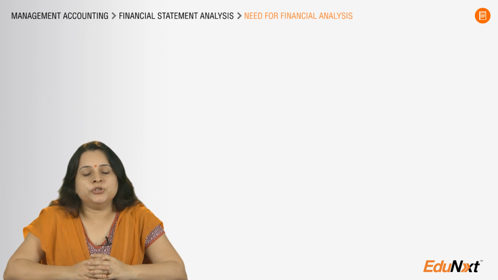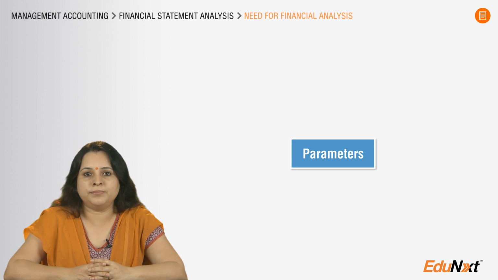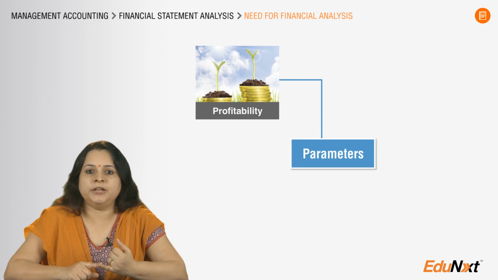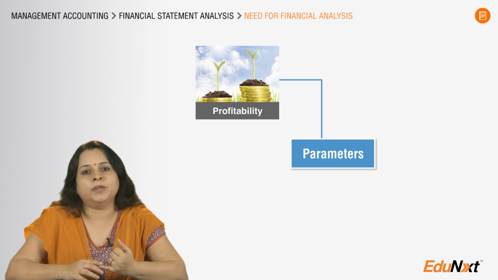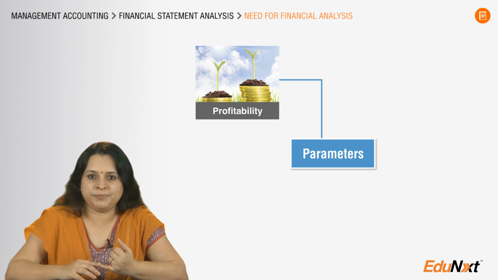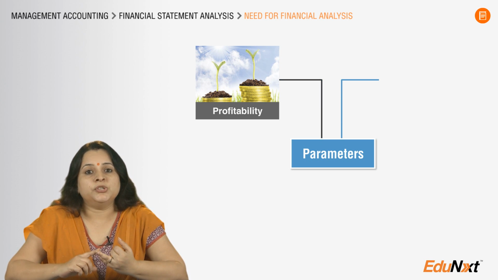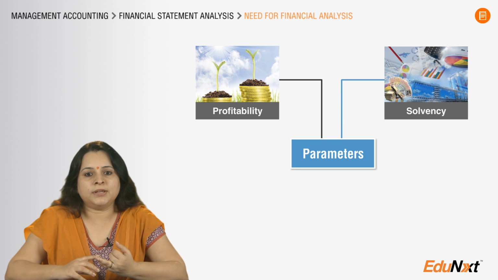Financial analysis is usually done to diagnose or assess the following parameters of a company. First, profitability of a company, that is, the ability of the company to earn income and sustain the growth both in the long term and short term perspective. Second, solvency, that is, the ability of the company to pay obligations to creditors and third parties both in the short term and long term.